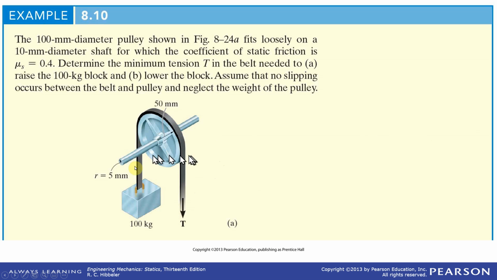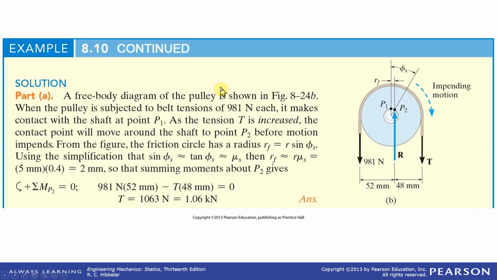So you're going to have a moment in the counterclockwise direction due to this mass, and then a moment due to the T. Okay. So what do you have to apply to raise the block, and in B, lower it? No slip between the belt and pulley, and ignore the weight of the pulley itself.